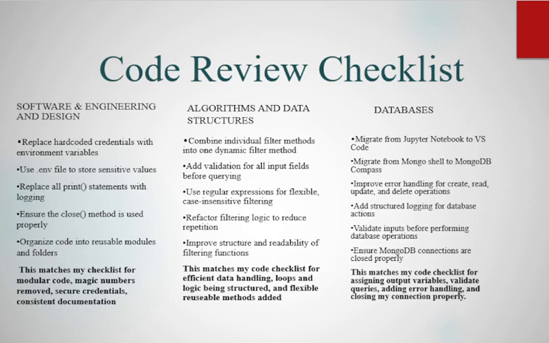And this will match my code checklist for assigning output variables, validating my queries, adding error handling, and closing my connection properly. And this is my code review for my CS 499 Capstone project at SNHU.